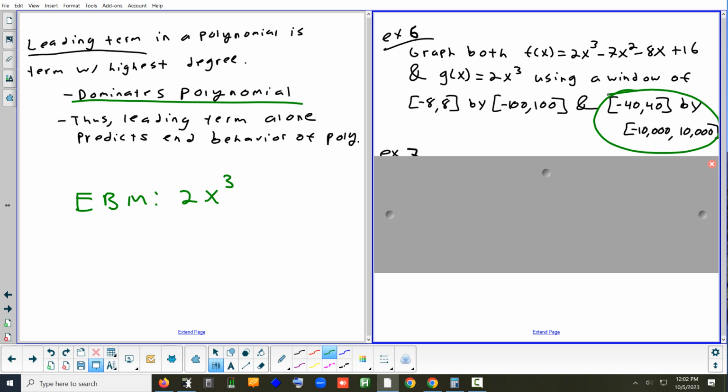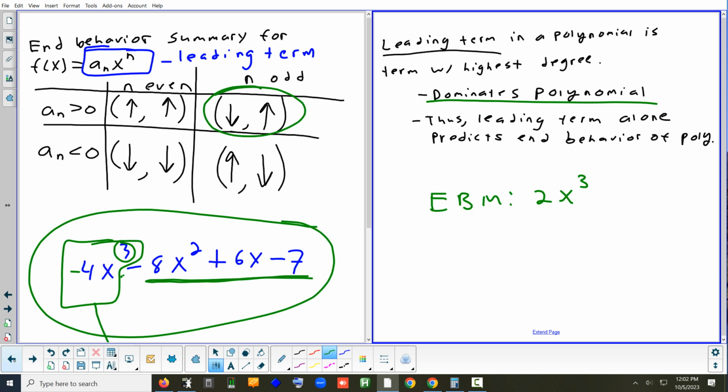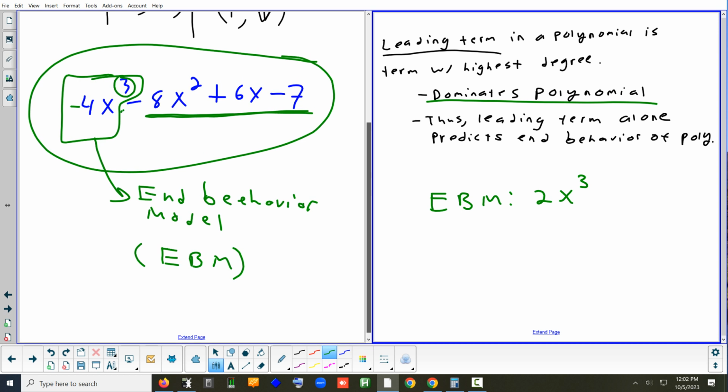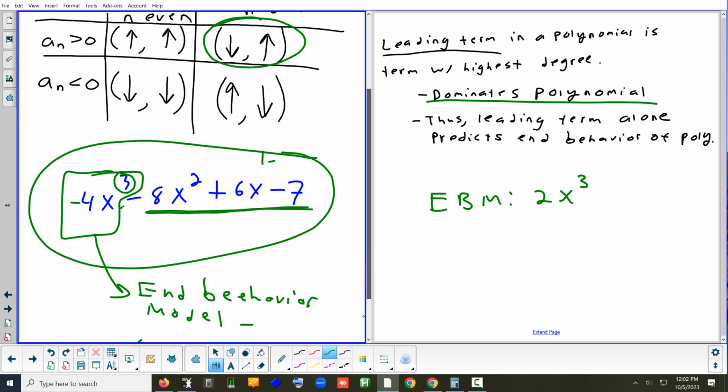Just to be clear, the end behavior model is a formula like that. The end behavior itself is the direction, up or down. For the end behavior model, you just put the leading term.